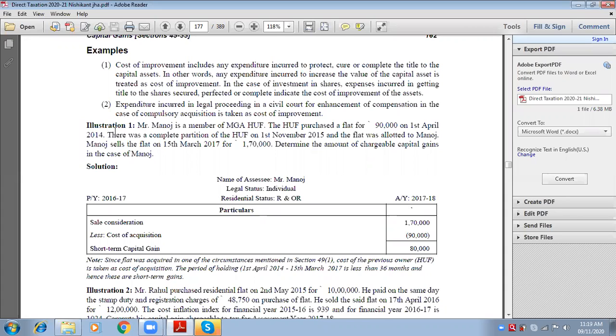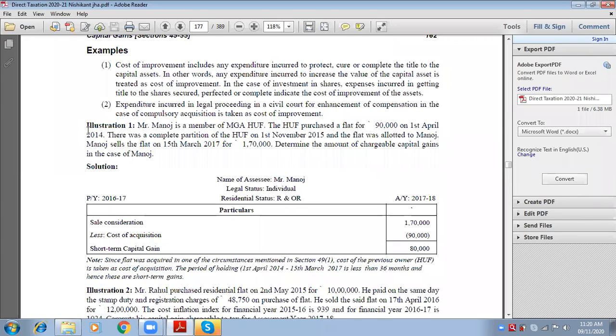The period of holding starts from when the house property was purchased, which was 1st April 2014, and it is sold on 15th March 2017. Sold means transferred, so the date of transfer is 15th March 2017.